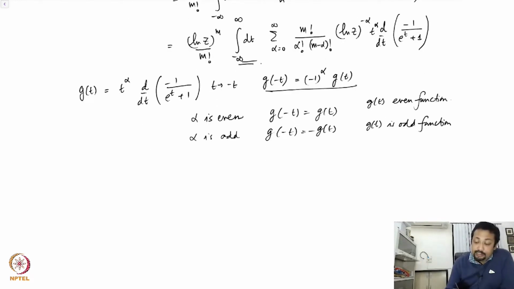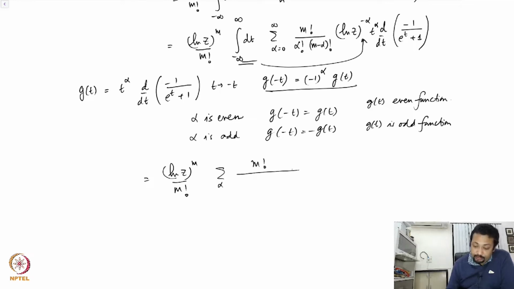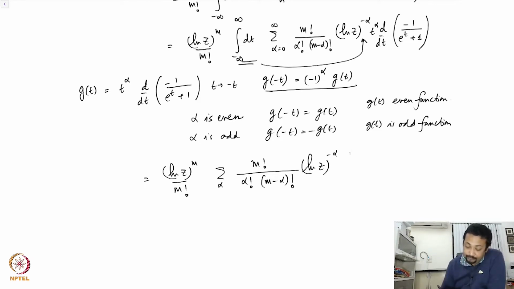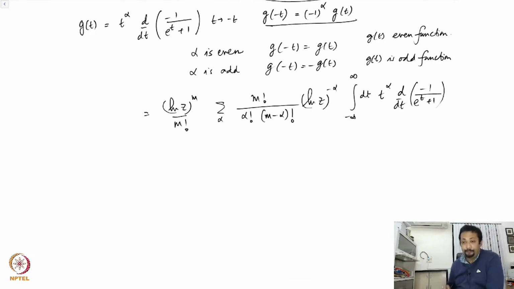I can take this integral over here, so that I have ln z raised to the power m over m factorial, sum over alpha, m factorial over alpha factorial (m minus alpha) factorial, and then ln z raised to the power minus alpha, times the integral from minus infinity to plus infinity dt t to the power alpha d/dt of minus 1 over e to the power t plus 1.